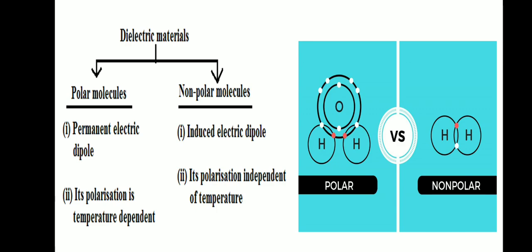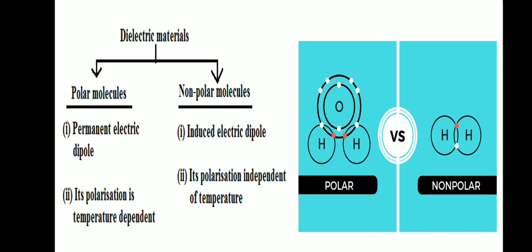So all dielectric materials are insulators, but not all insulators are dielectrics. The band gap of dielectrics is very high, but the electrical conductivity is very low because there are no free electrons available for conduction. Understood?